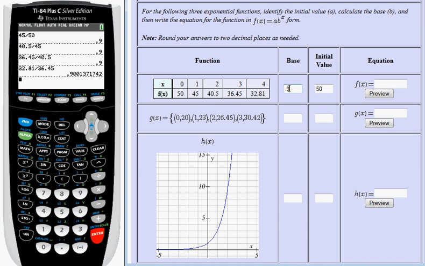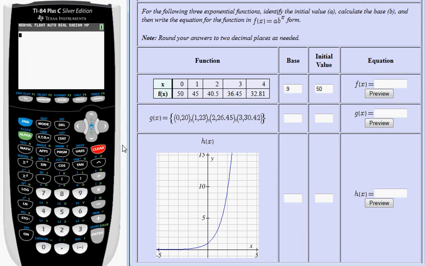Sometimes I let my students do a little shortcut to this, but your teacher might not like this. Let me clear this out. If you're trying to find an exponential pattern, when we did 45 divided by 50 and got 0.9, it would be a few button presses less if you just said, let's just try 50 and successively multiply by 0.9 over and over again and see if that's indeed the correct multiplier.